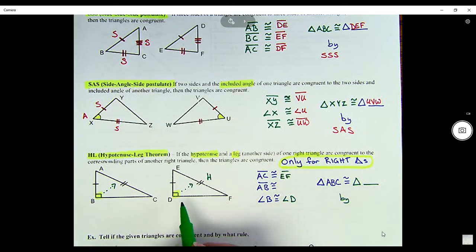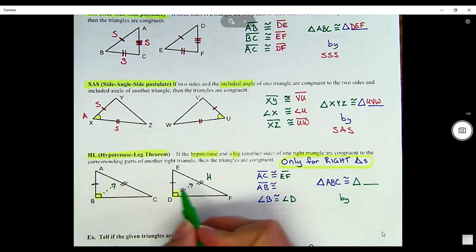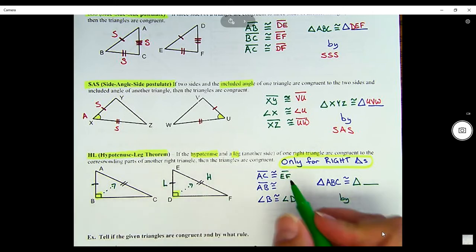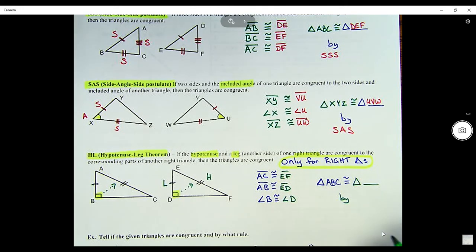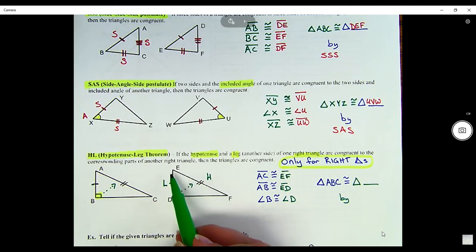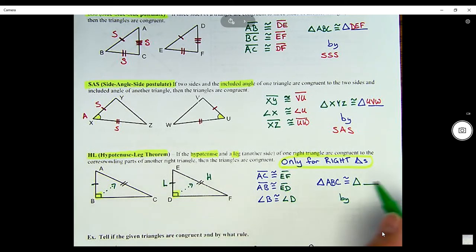And then lastly, AB is congruent to ED. Now, because we have a hypotenuse, we're not calling this a side, we're calling this a leg. So I can conclude that triangle ABC is congruent to triangle EDF by hypotenuse leg.